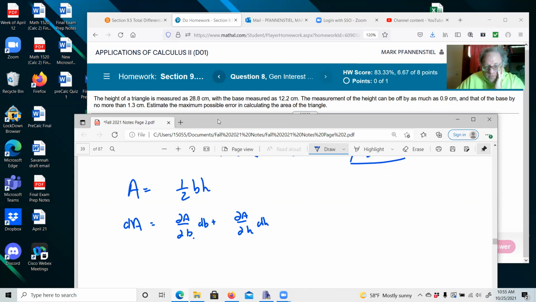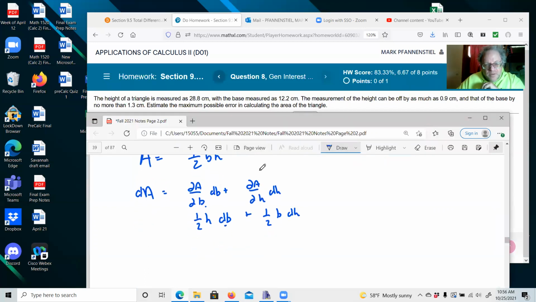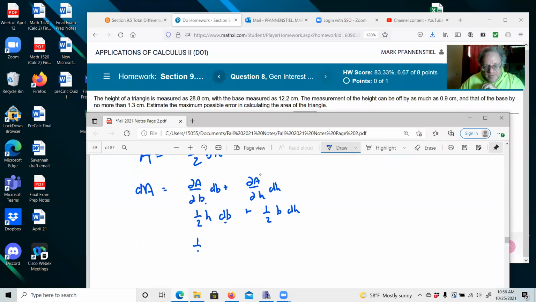Okay, so fortunately, these are both to the 1 power, right? There's not a big deal. So we take these derivatives, it's just going to be like 1. So we have 1/2 h times the error in our height plus 1/2 our base times the error in our base. Now when we go here, we're going to say this is 1/2.